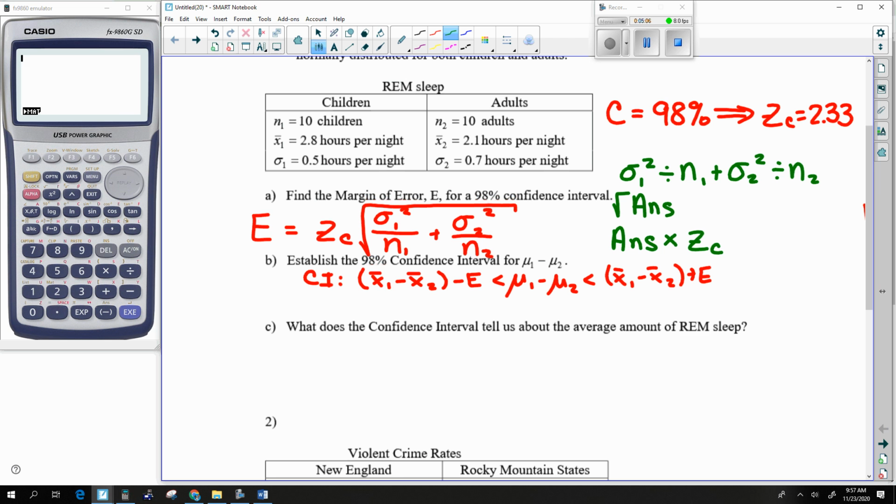So here we go. Sigma 1 squared divided by n1 plus sigma 2 squared divided by n2. Easy peasy. So square root, that's the inside, and then multiply by ZC. Easy peasy.